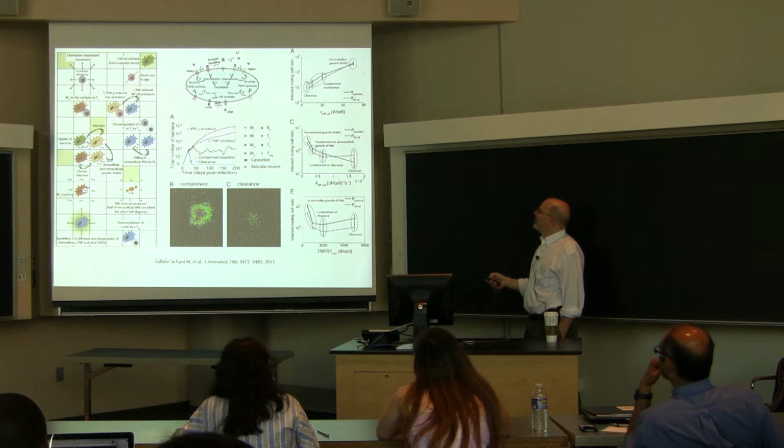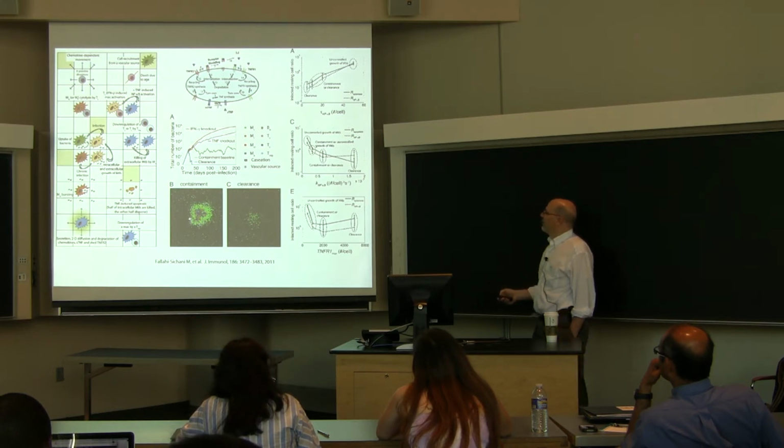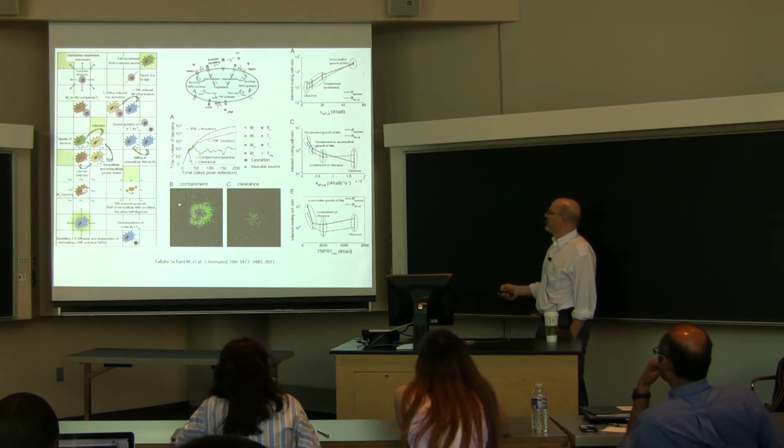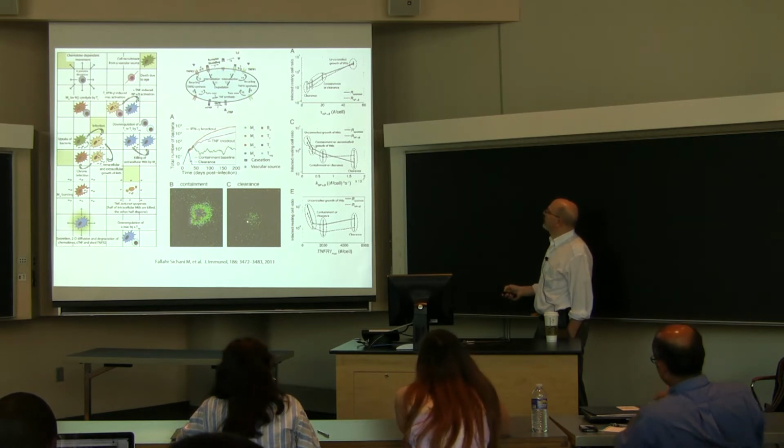You've got outputs at the population level in terms of total number of bacteria. Here's time post-infection, and about granuloma formation. In this, the infection is contained. You've got a lot of cells and the bacteria in the middle, and here the infection is cleared.